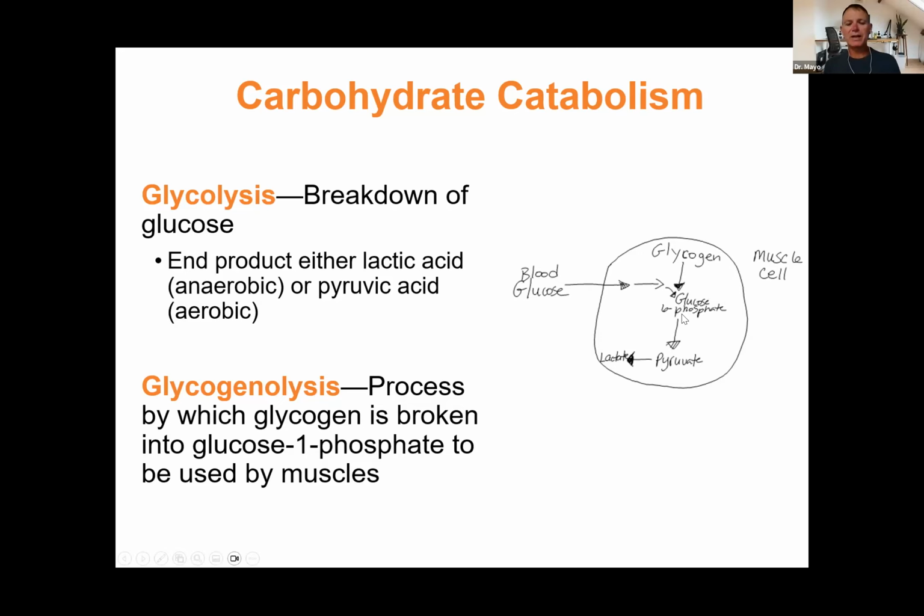So you're going to have to start breaking down carbohydrate, and you're going to need that energy quickly. So you're going to take this glucose or glycogen, break it down to two 3-carbon pyruvate molecules, and then you're going to go one step further, because you need this energy quickly.